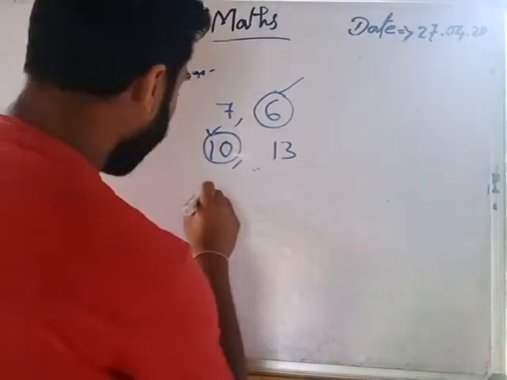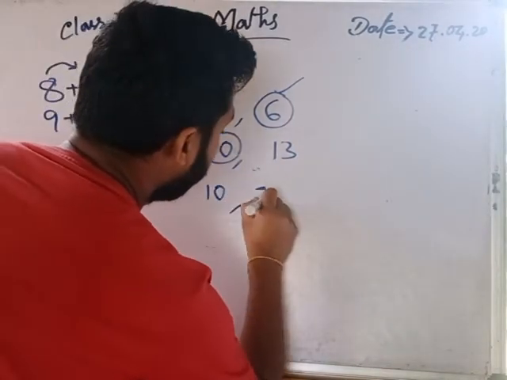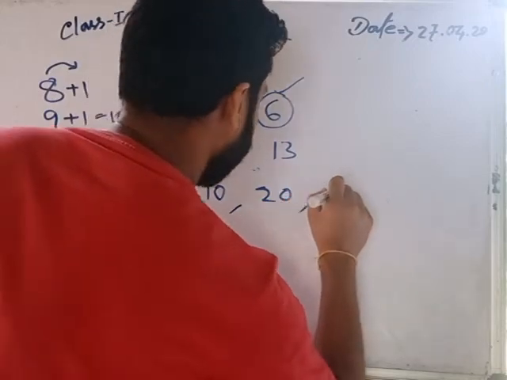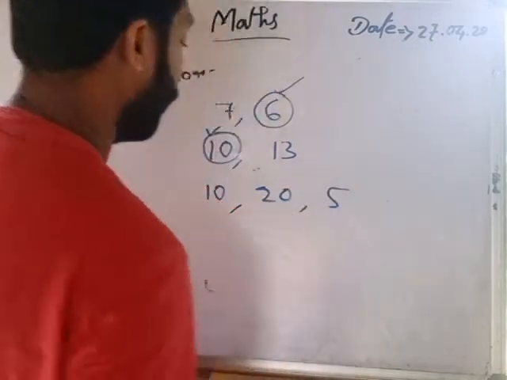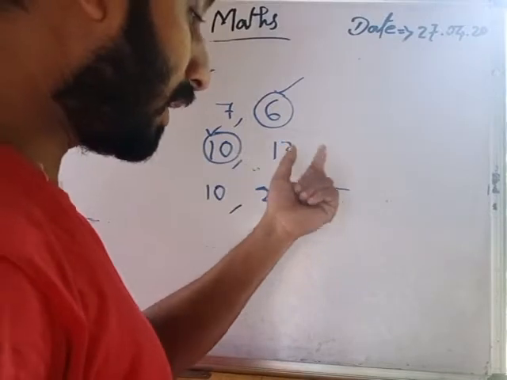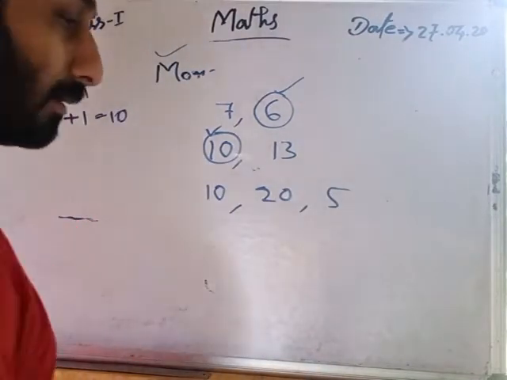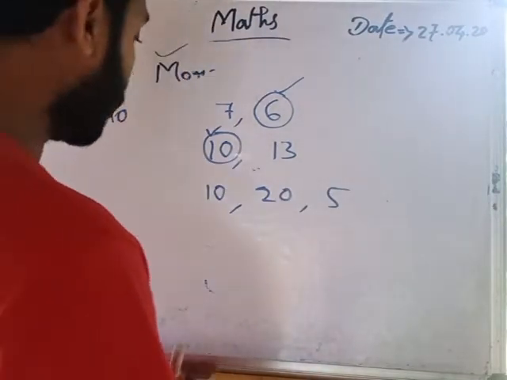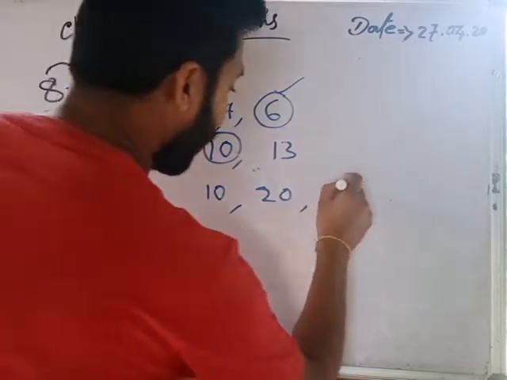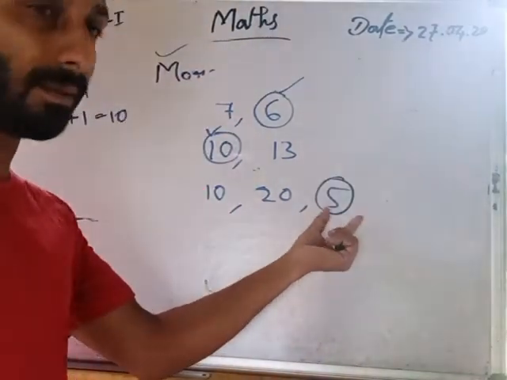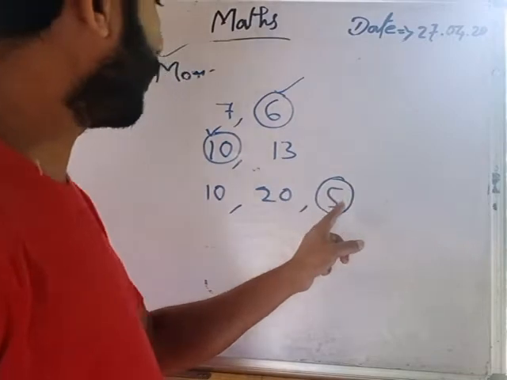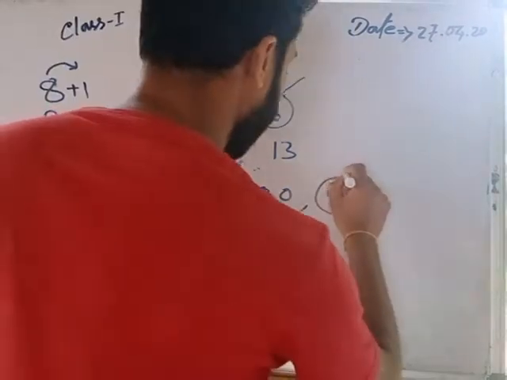If I write here 10, 20 and 5, which one is the smallest number? The smallest number is 5, because when we count the numbers, at first we find the 5. That means this is the smallest number.